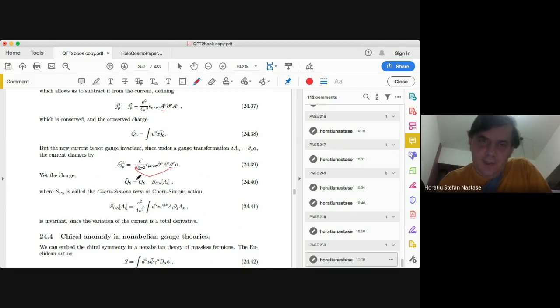So this term is actually a total derivative, which means when I integrate it over space and I put μ equal to 0, I get a contribution that is 0, because by definition, the variation of the gauge field is 0 at infinity. Okay.